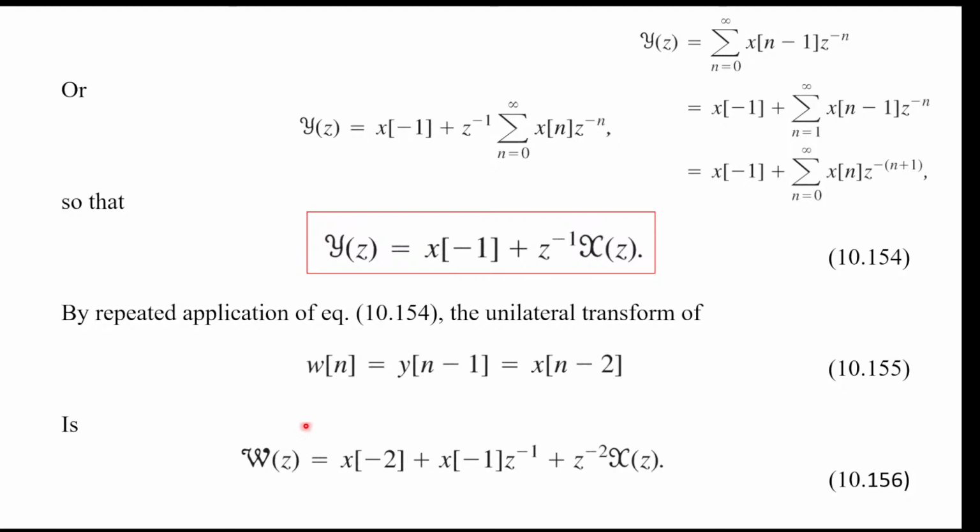Then the unilateral Z transform of w will equal, applying this on y, x of minus 2 plus x of minus 1 times z to the minus 1 plus z to the minus 2 times script X. This is similar to what we do in the Laplace transform differentiation property, so skip that.